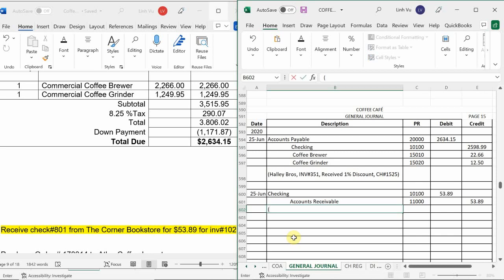We received a check from the corner bookstore paying for invoice number 102. Okay, we could say received payment for invoice number 102 with the check number 801.